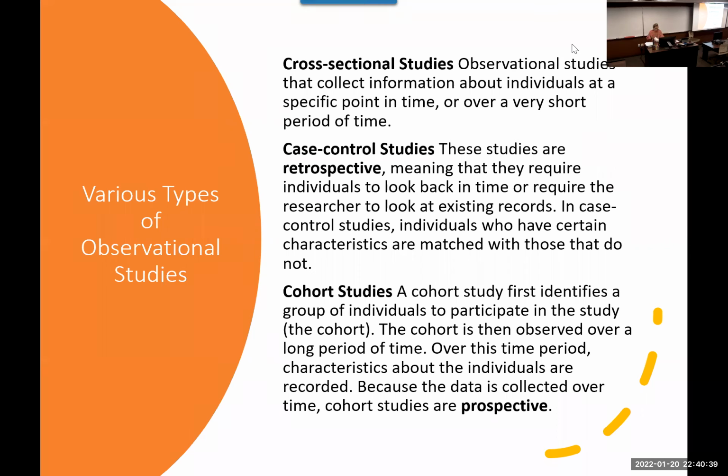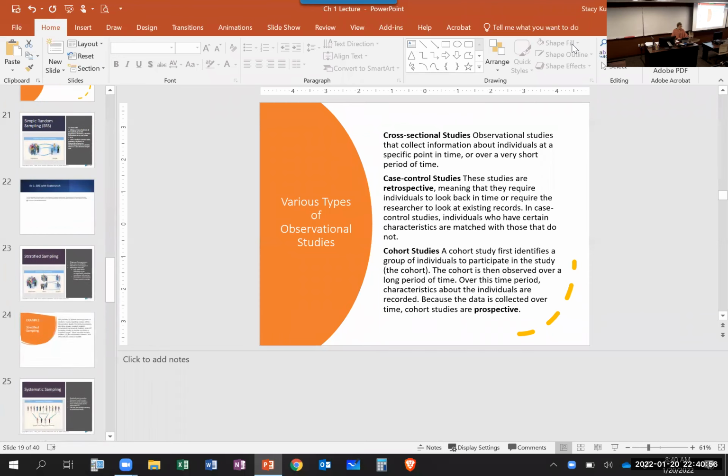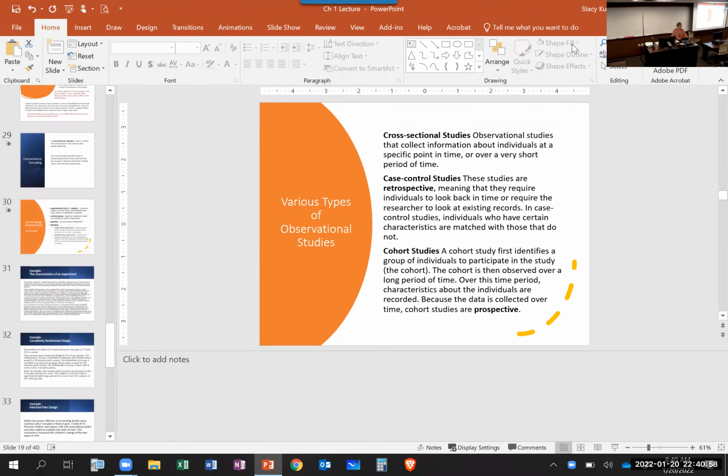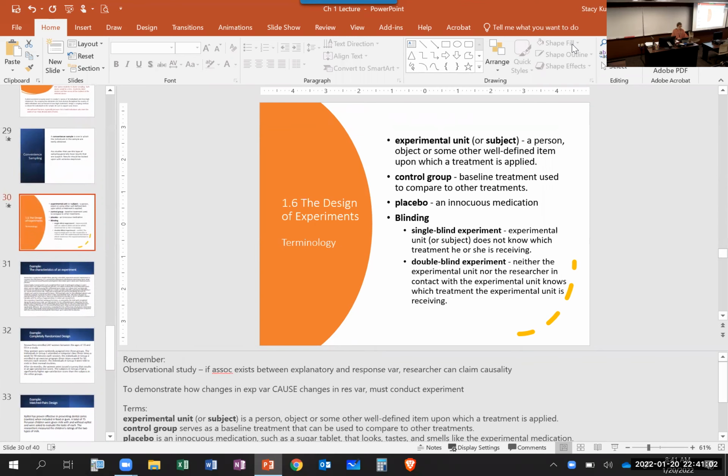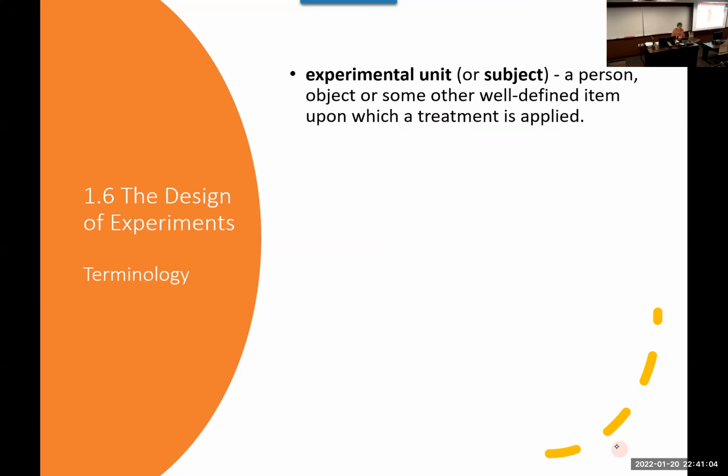So now that we understand the types of studies that we have, both an experimental design as well as an observational study, let's go a little bit deeper into the design of an experiment.